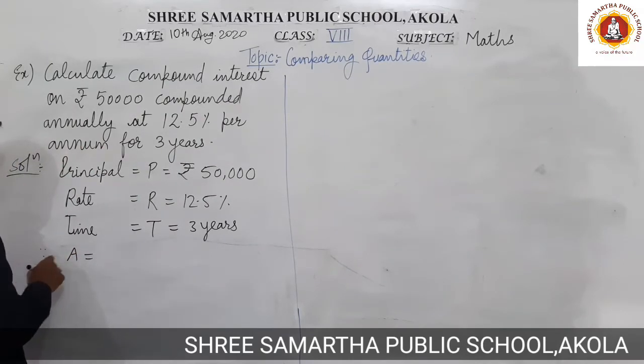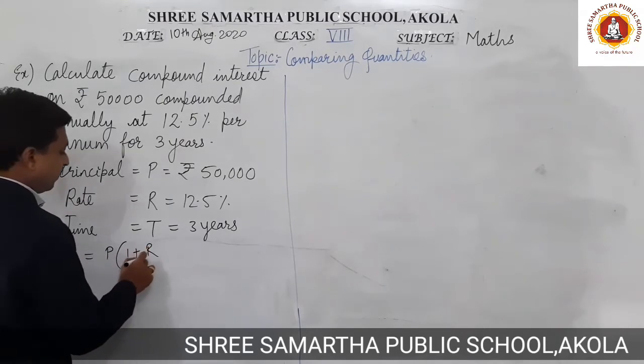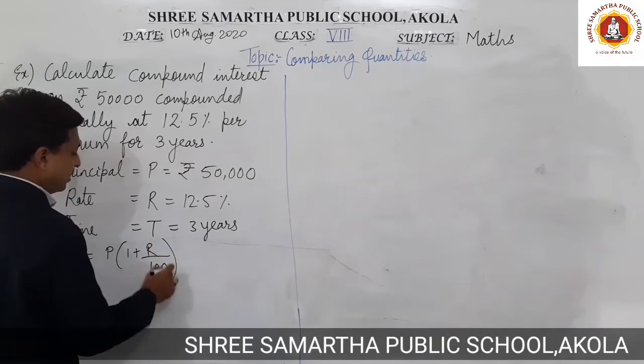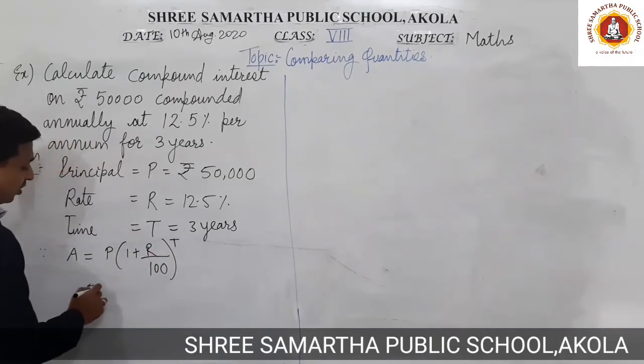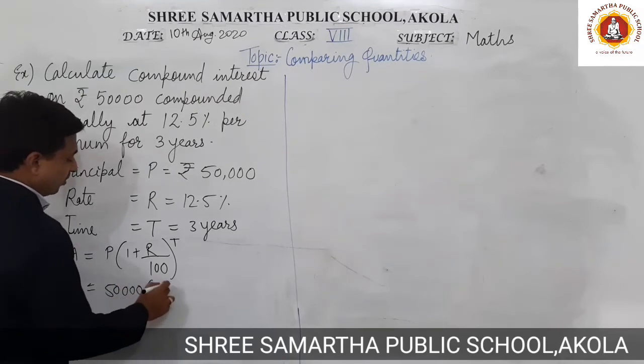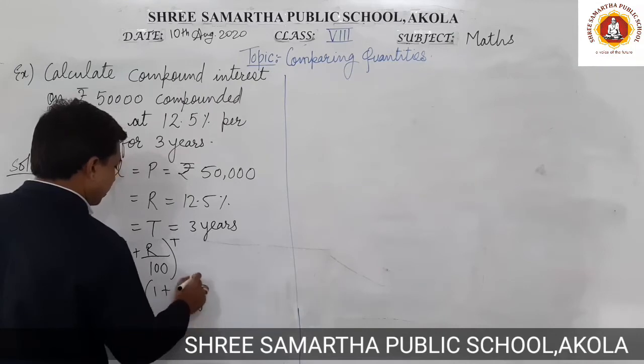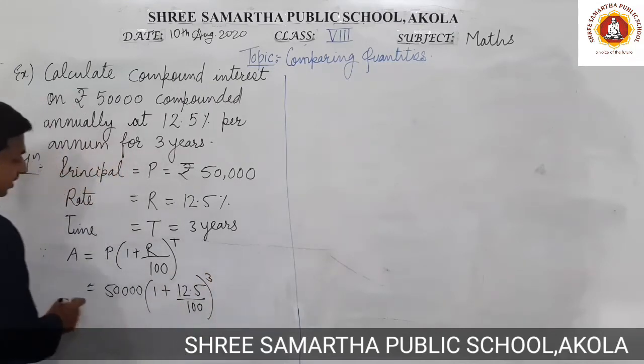Since amount is equal to P in bracket 1 plus R upon 100 raised to the power T, now we will calculate 50,000 into 1 plus rate 12.5 by 100 raised to the power T, means 3.